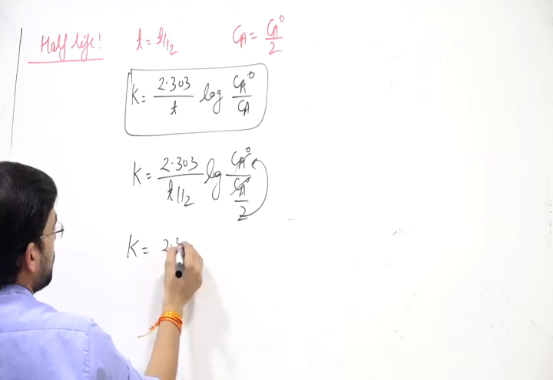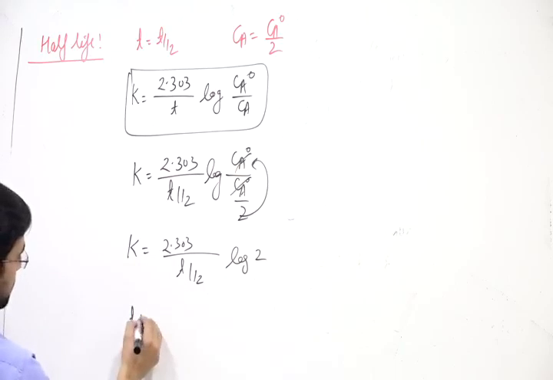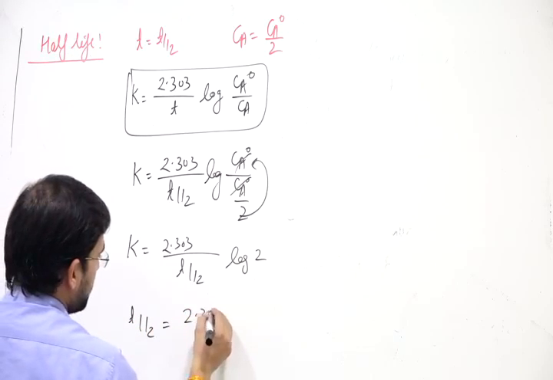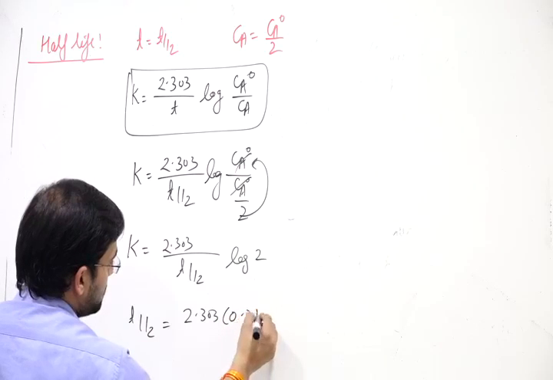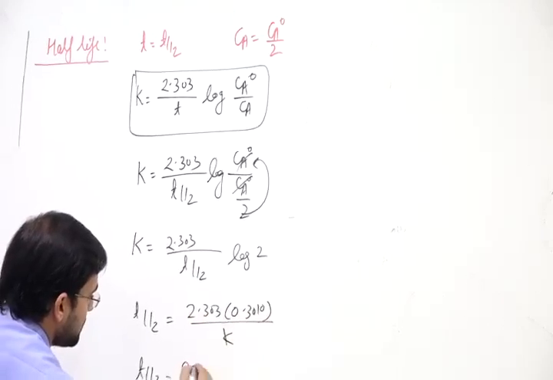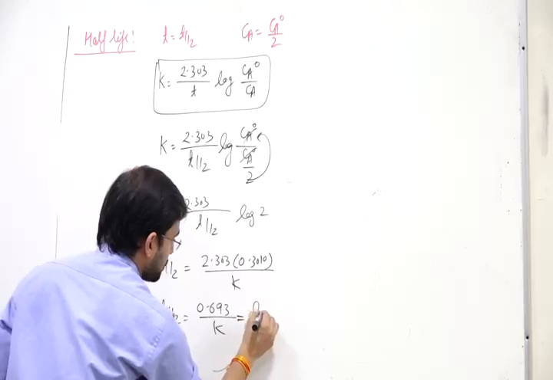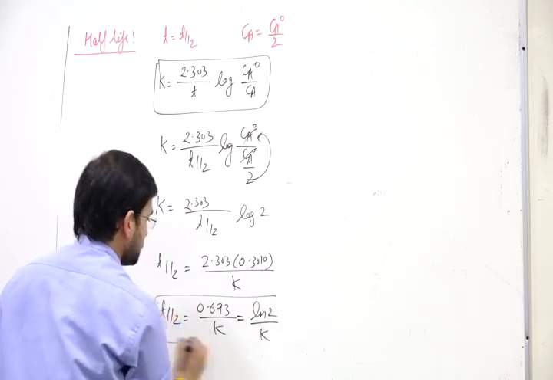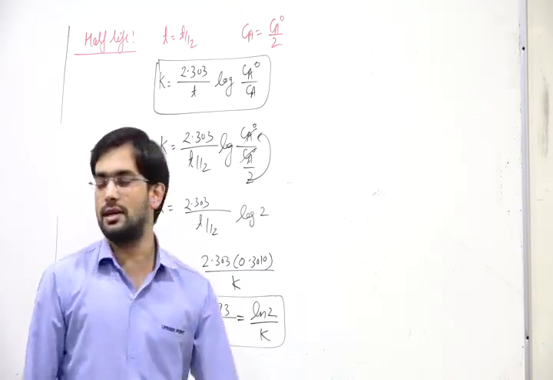K equals 2.303 by t1 by 2 times log of 2. t1 by 2 goes to this side. 2.303 into log 2 is 0.3010 by K, and if you multiply this, we get 0.693 by K, which is also equal to ln 2 by K. That is t1 by 2. t1 by 2 equals ln 2 by K, or 0.693 by K.